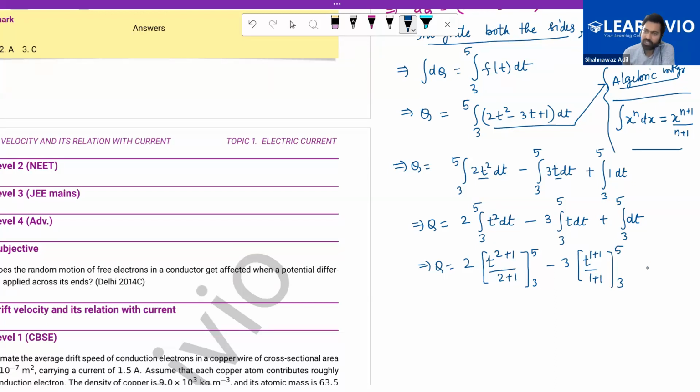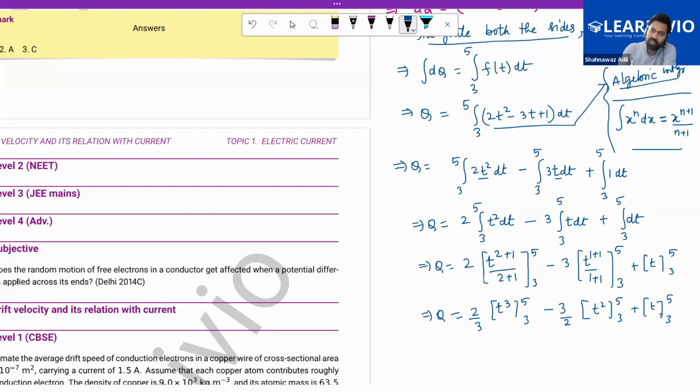And this is simply t, and then the limit. So this would be t³ by 3, we can take the 2 outside, with limits 3 to 5. And then t² by 2, we take the 3 outside, with limits 3 to 5.